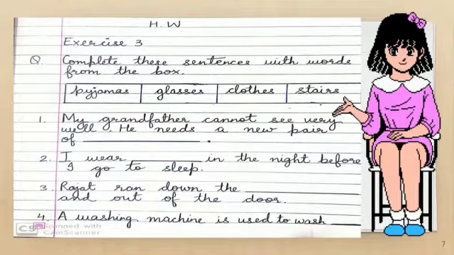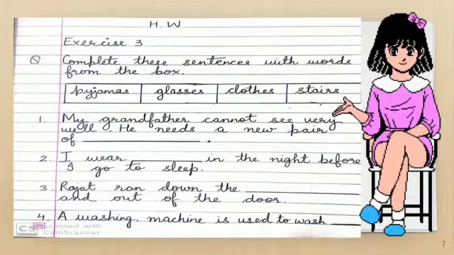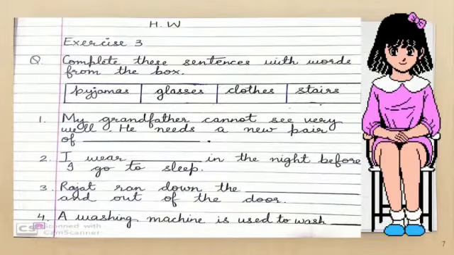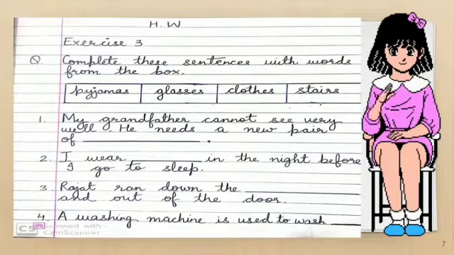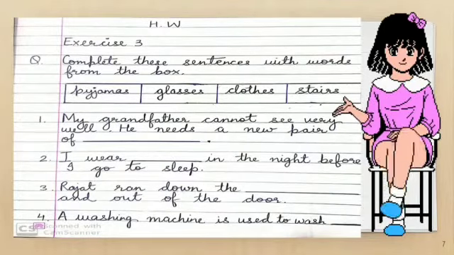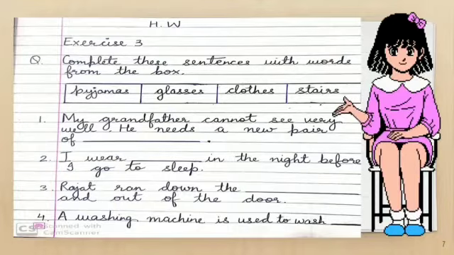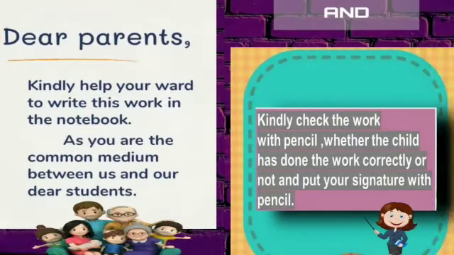He needs a new pair of dash. Number 2: I wear dash in the night before I go to sleep. Number 3: Rajat ran down the dash and out of the door. Number 4: a washing machine is used to wash dash. Children, find the correct answer from the help box and fill in the blanks.